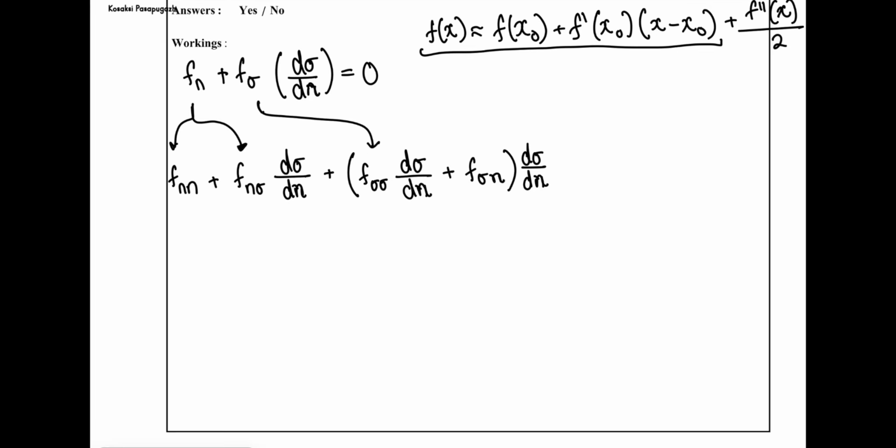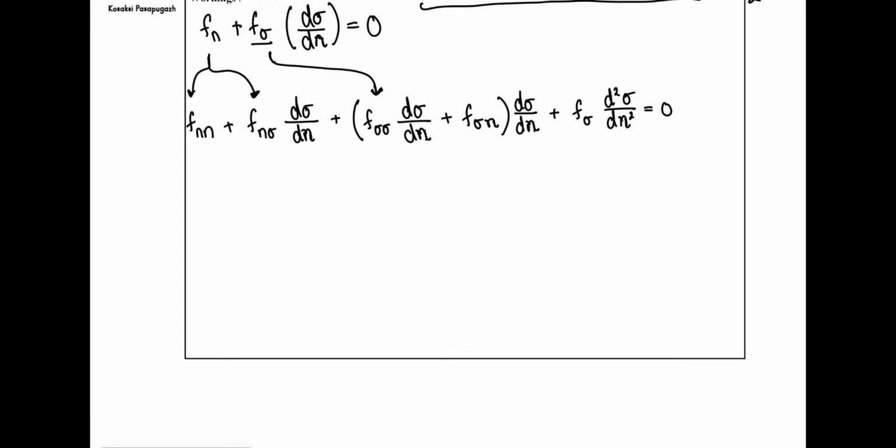So that's just this part differentiated. Now we need to differentiate this part. So we get the partial derivative with respect to sigma times this differentiated, which would be the second derivative, d squared sigma over d eta squared, and that's all equal to 0.